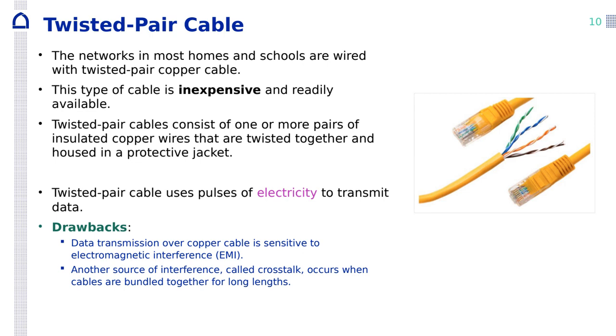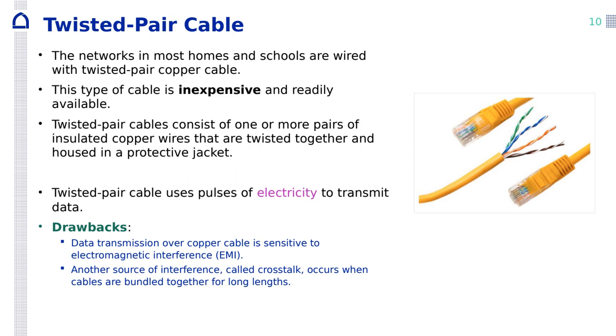Okay. In your home and schools, they use twisted pair copper cable because it's inexpensive. It consists of one or more pairs of insulated copper wires that are twisted.